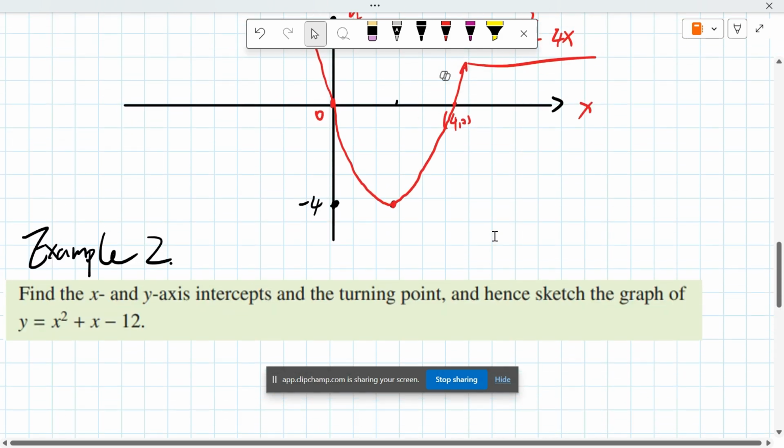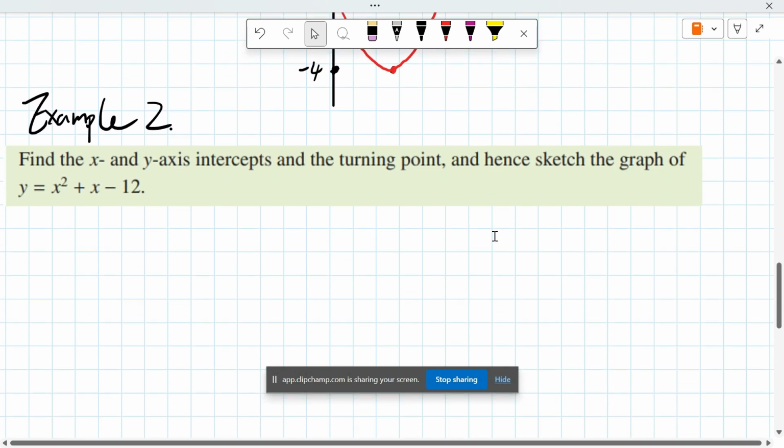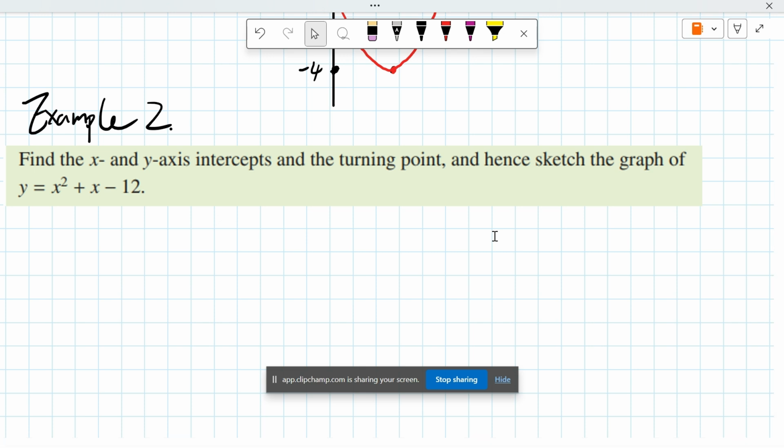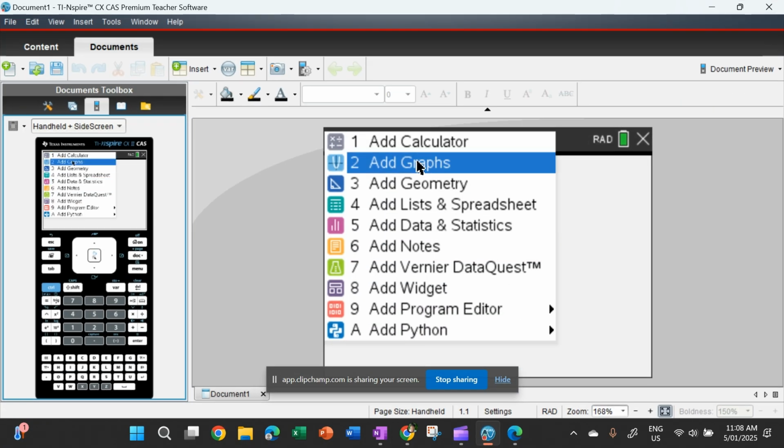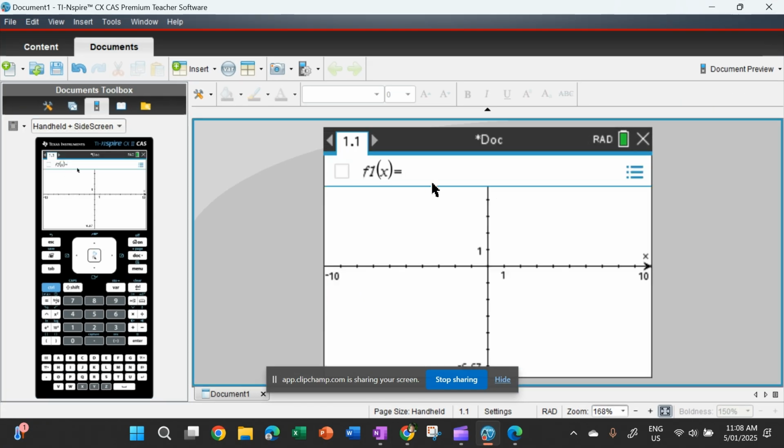Now I'm going to show you how to find the graph by calculator. So first, let's start with the graph. f1(x) represents y, so it's f(x), a function of x.